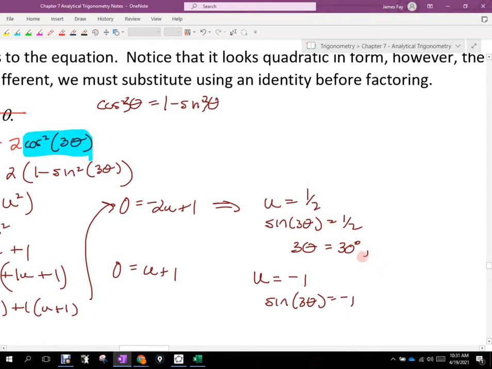And then I should also have 1/2 in the second quadrant, right? So if I get that 30 degrees there, that better be 30 degrees there as well. So how big would that angle be? 150. So 30 and 150 from that first 1/2.